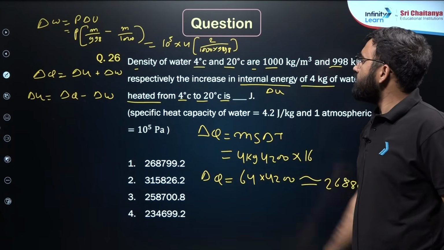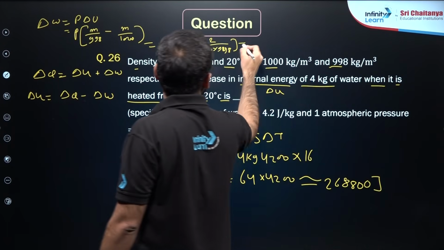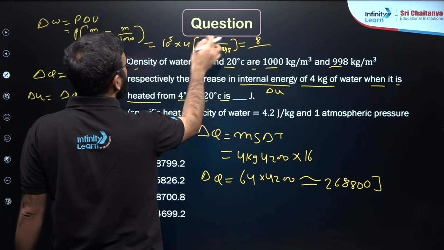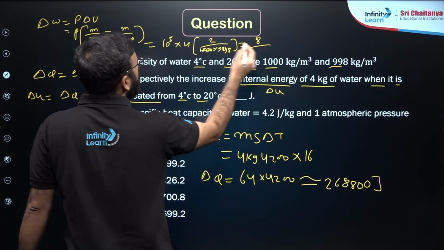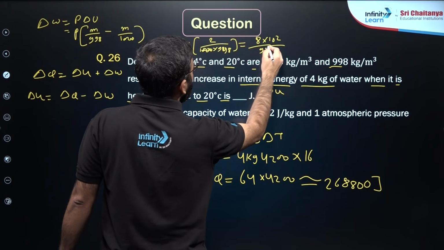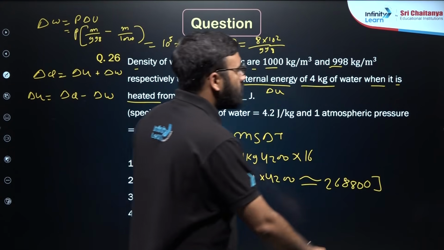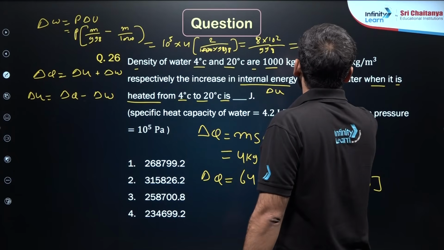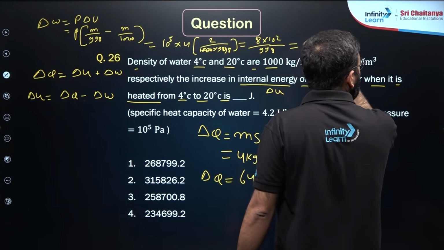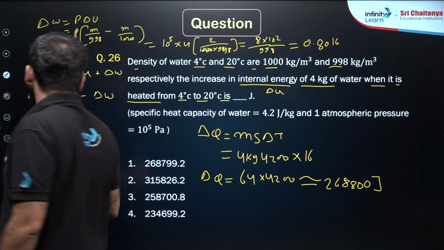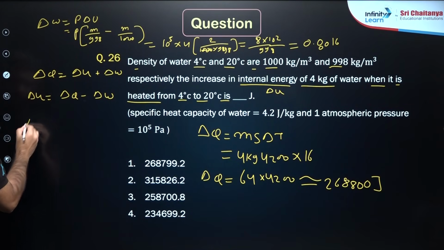10 to the power 5, 3 power is cancelled out here, 4 into 8, 8 divided by 4 into 2, 8, this 3 is cancelled out, only power 2 is left here, and 998. Do this calculation and you get 0.8016. So what is the change in internal energy? Just put both values here.